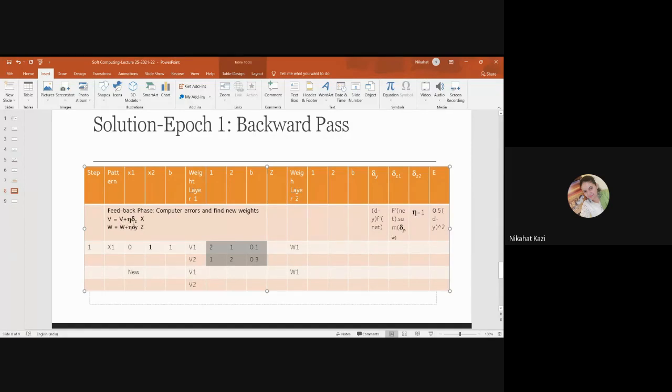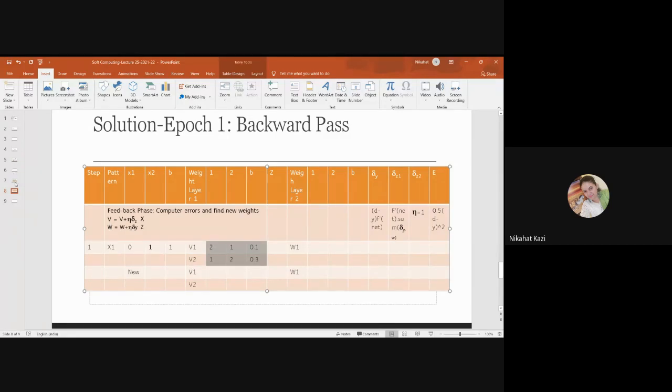This is the weight update, right? V new is equal to V old plus eta times delta Z times X. X is the input to the hidden layer, right? In our network, X is the input to the hidden layer. Similarly, for W, it is eta times delta Y, the error signals for the output layer, times Z. Z is the input to the output layer. Right?